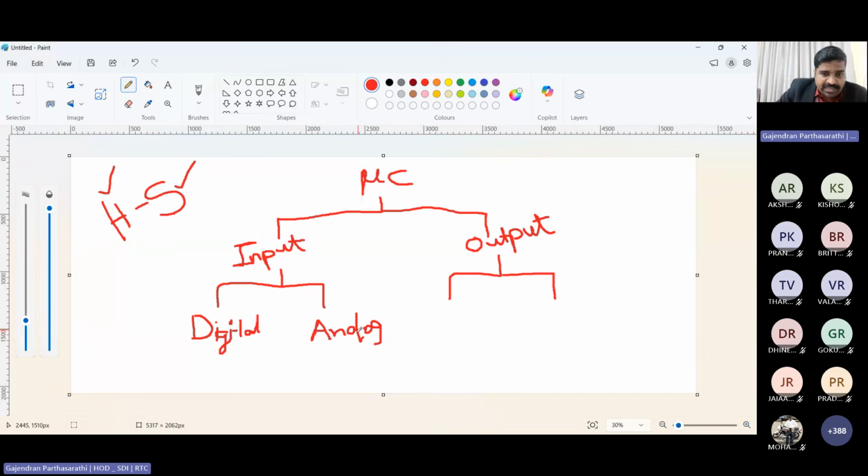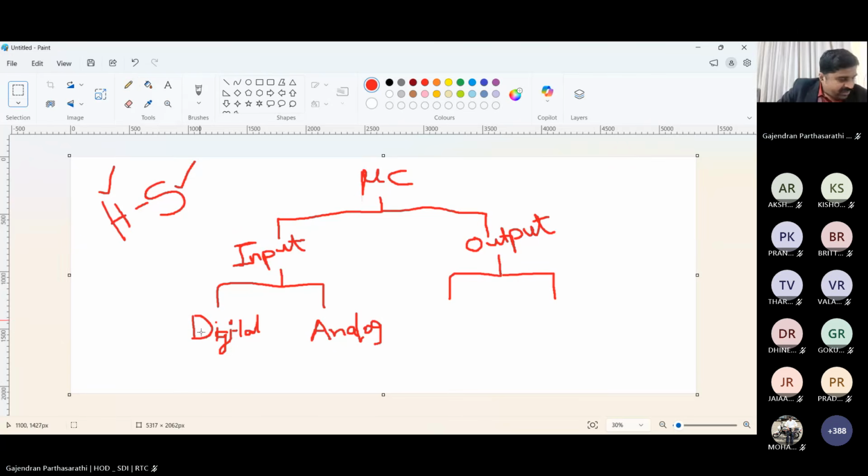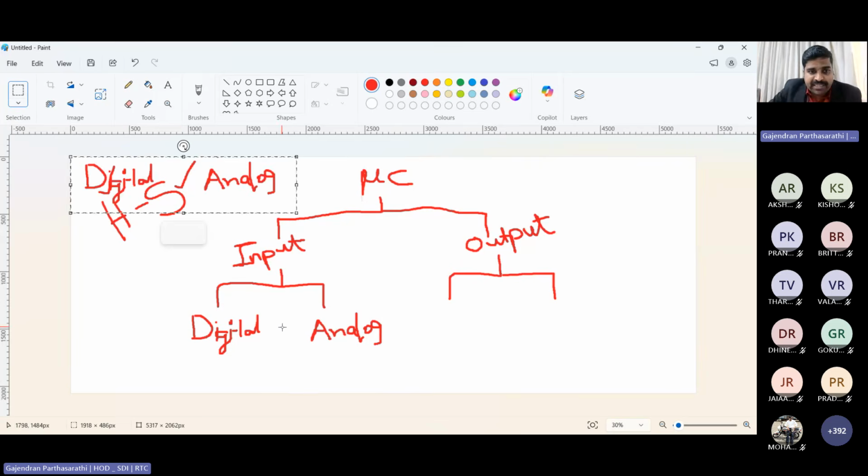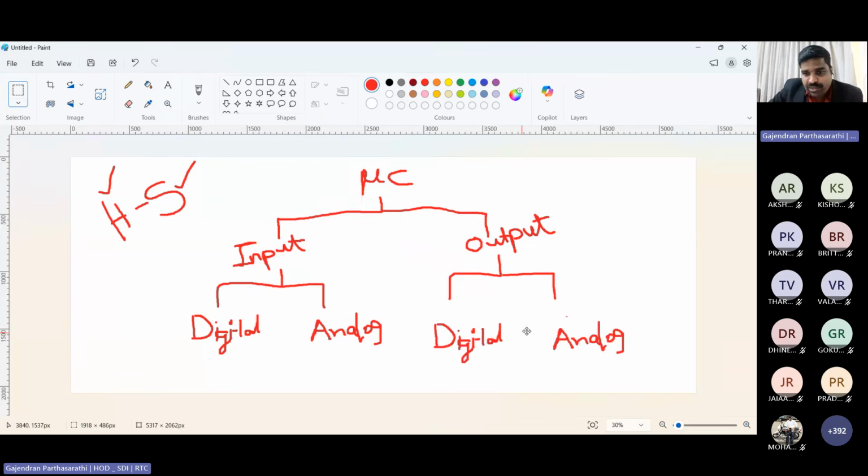Is the digital and analog category applicable only for input, or is it also applicable for output? It is the same category, applicable for output also.